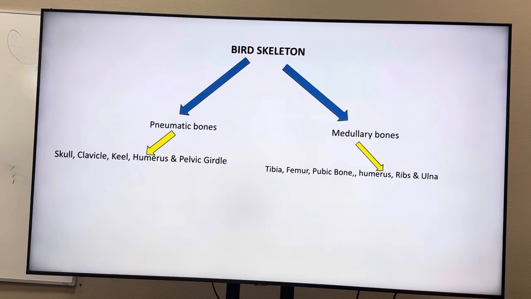We have the pneumatic bones and the medullary bones. When we say pneumatic bones, these are bones that have hollow spaces. They lack bone marrow.